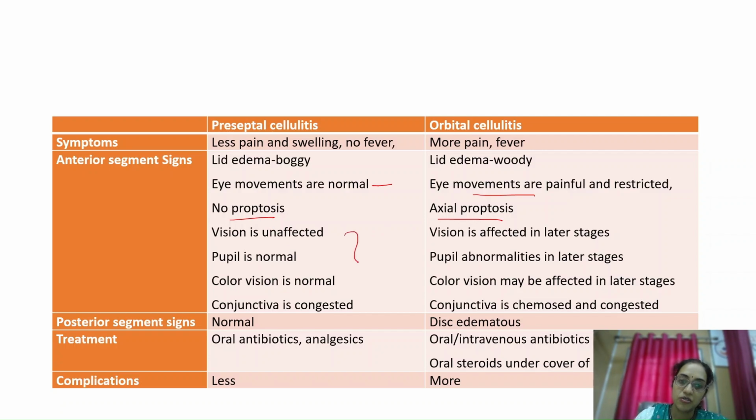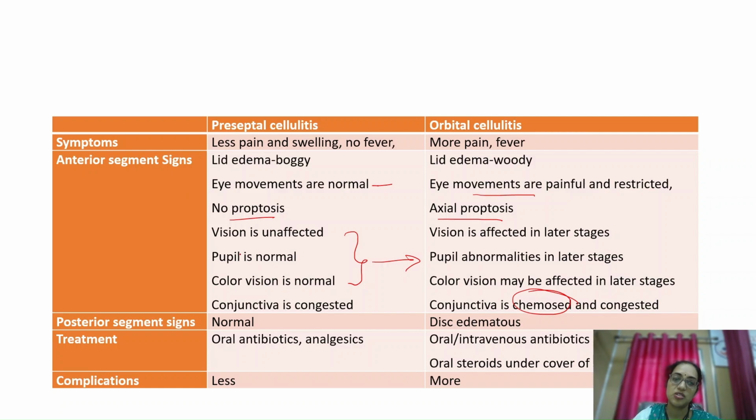The optic nerve components, vision, pupil, color vision, everything is normal, but these might get affected in orbital cellulitis. And conjunctival congestion is there in both, but chemosis indicates that there is an increased orbital pressure caused by orbital cellulitis.